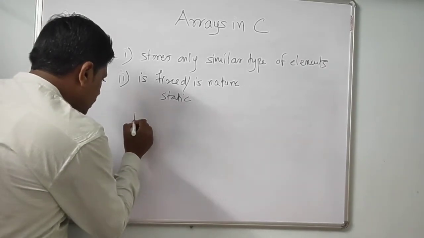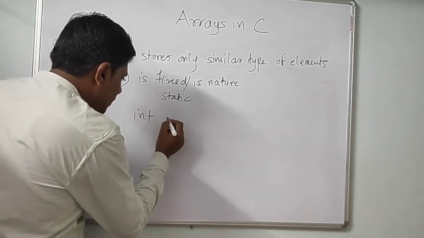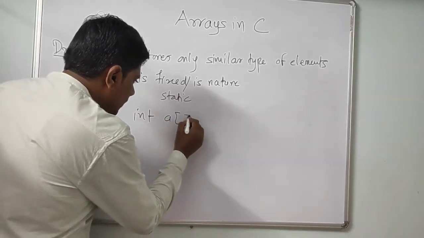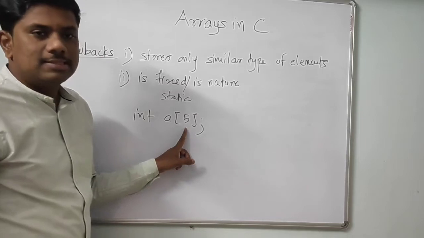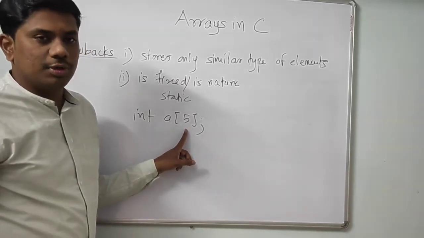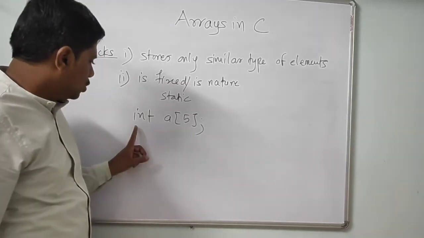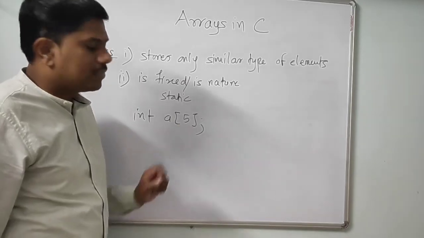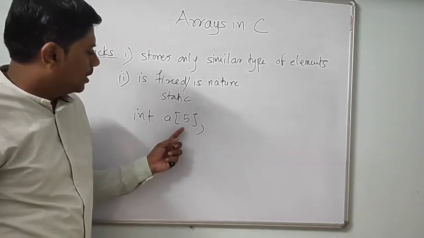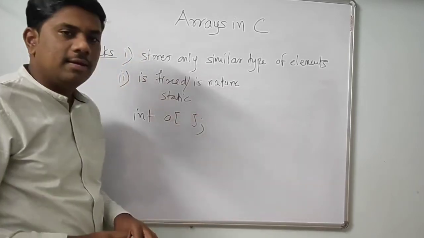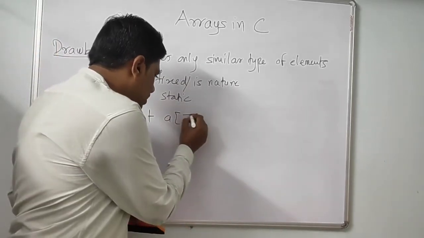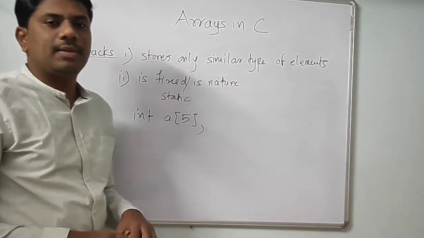See, if you declare an array like this, the size of the array is compulsory, you should give it at the time of declaration. So int a[5]; here you can't neglect this size. There will be an error from the compiler. You should specify the size of the array.